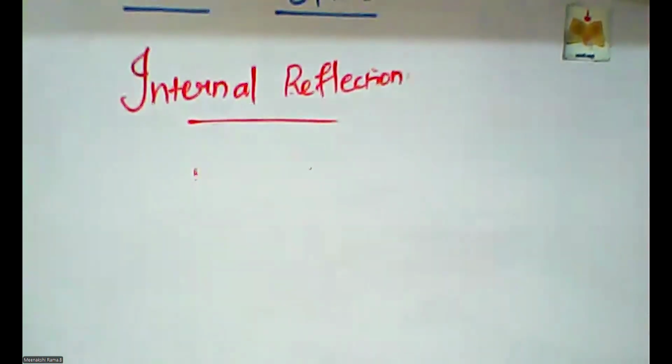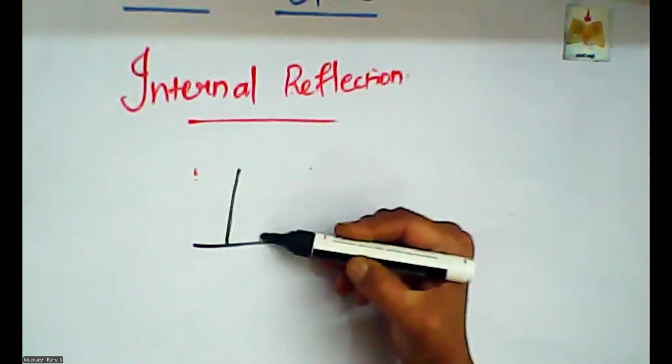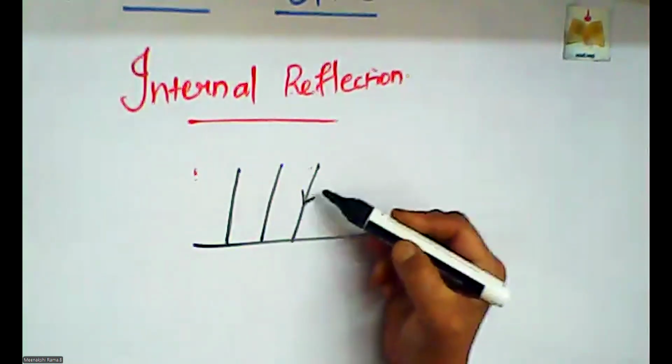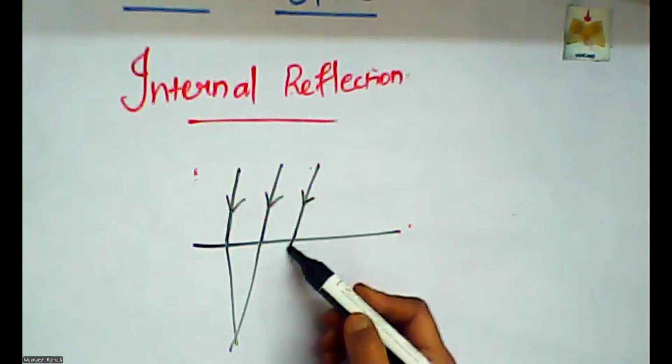This is the normal surface. In internal reflection, when we pass the light in this area, the light rays pass through this area and are reflected.